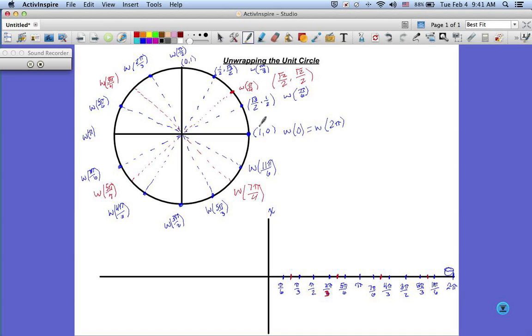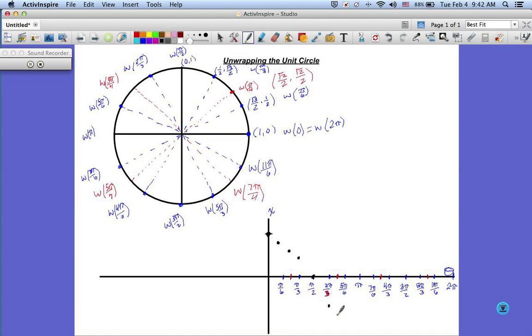So a wrap of 0, x coordinate is 1. A wrap of pi over 6, the x coordinate is root 3 over 2. Okay, and you can do your decimal approximation. Then we got root 2 over 2, and then 1/2. And then we go to 0. And then we're at negative 1/2.